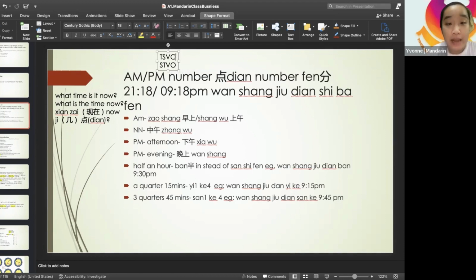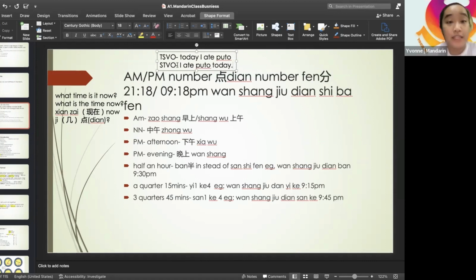I'll give you an example in English, okay? Today, I ate puto. Or this one: I ate puto today.